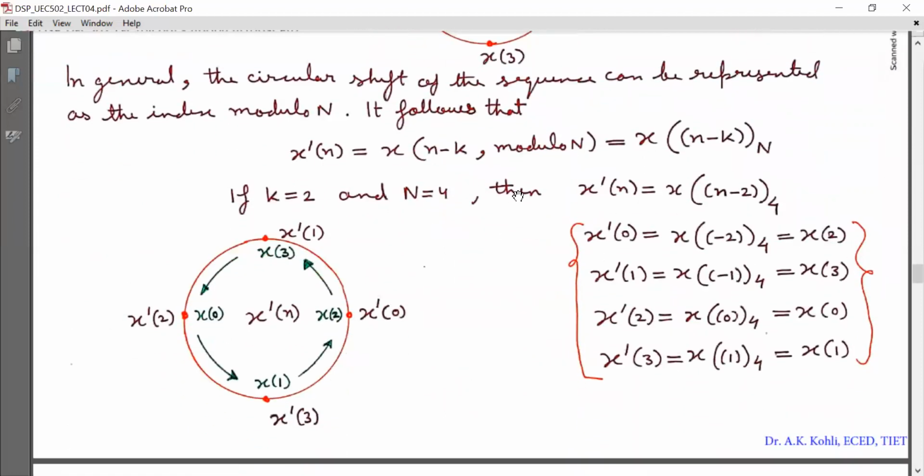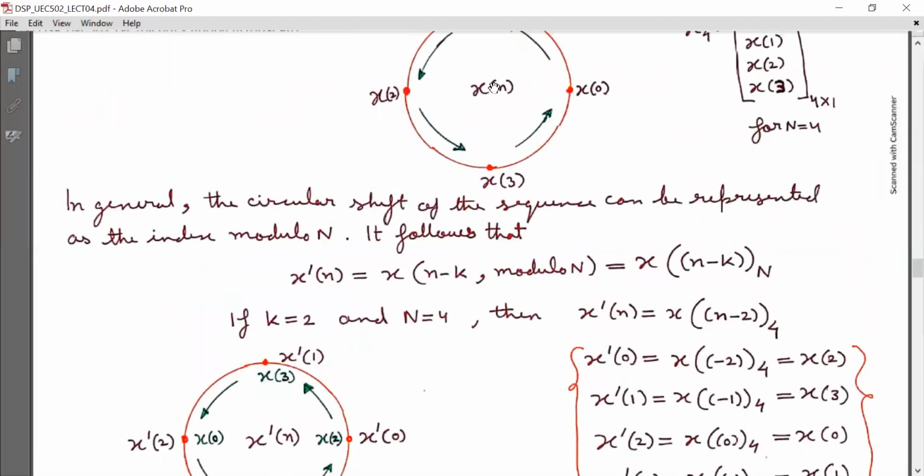In general, the circular shift of the sequence can be represented as the index modulo N. It follows that x'[n] is equal to x[n minus k, modulo N], equal to x[(n minus k)] with subscript capital N. Here it indicates modulo N operation because we have arranged the sequence in a circular fashion.